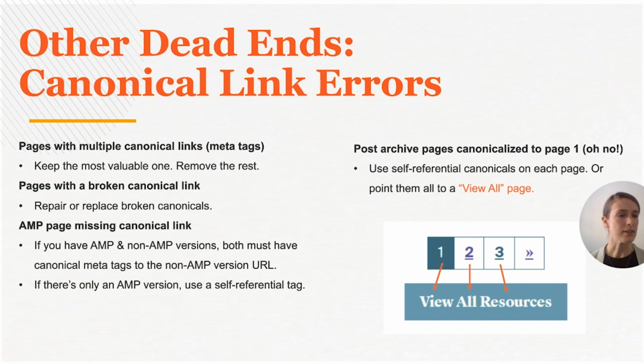This page is dynamically updated each time you post something new. That new blog or that new resource is added to your view all posts page. This is a very simple way to control crawl budget, and it's also one of Google's preferred ways to paginate archives.